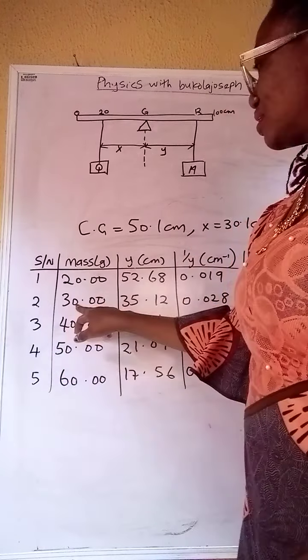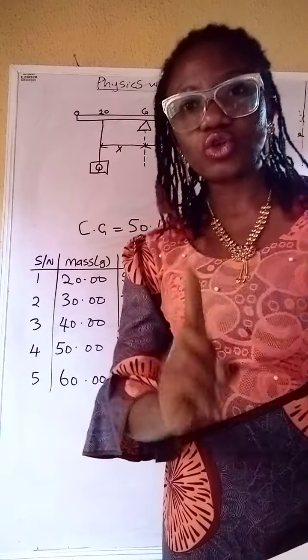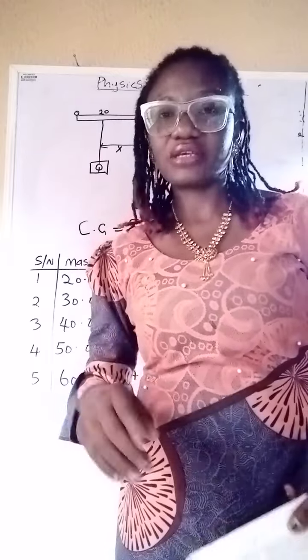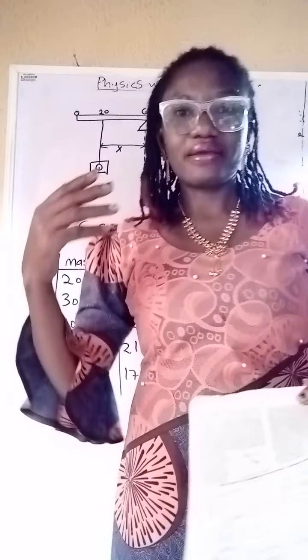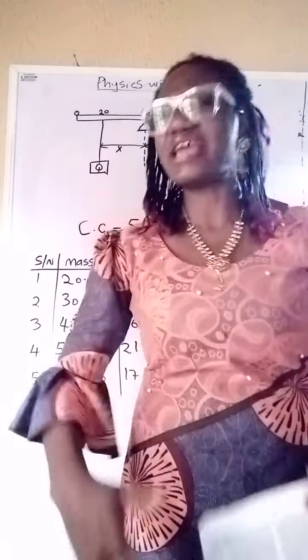In each case, record the distance y, the corresponding value of m, determine the values of y, 1 over y. You can see this is 1 over y. So for every evaluation you are going to be given, like maybe they say find y squared, x times y, any evaluation at all, you don't record in 1 DP, you record in 3 significant figures or 4 decimal places.